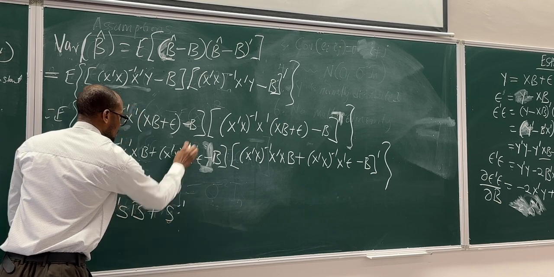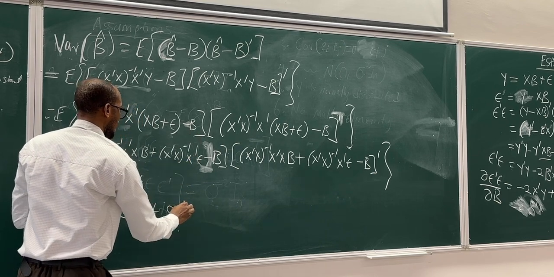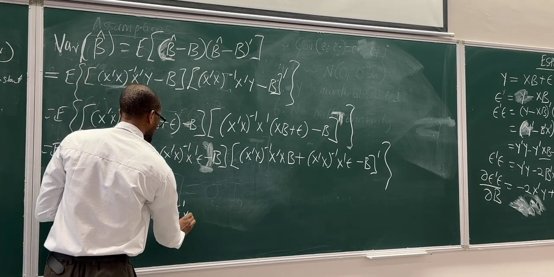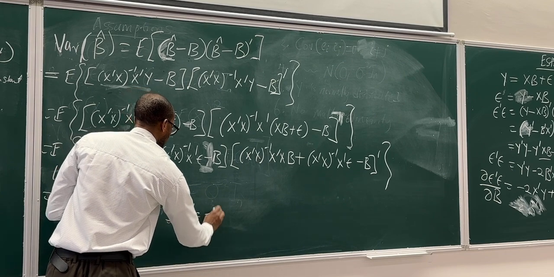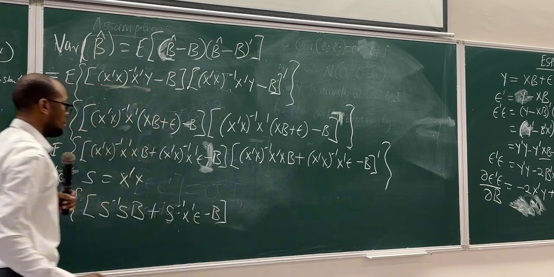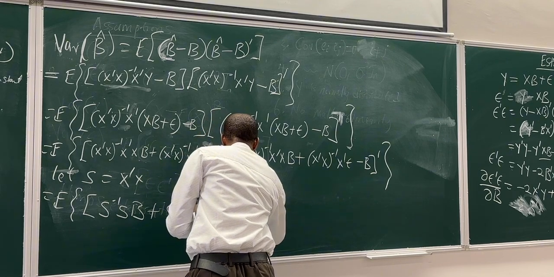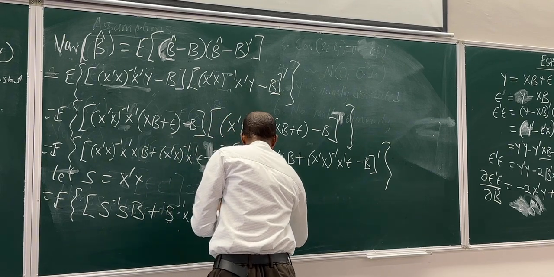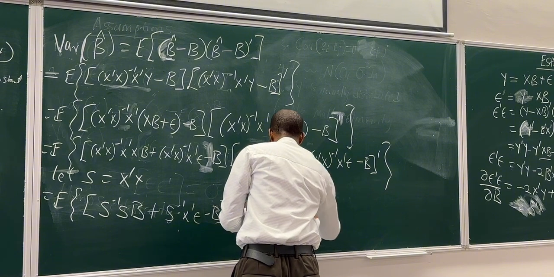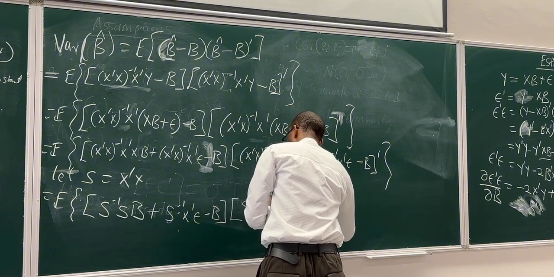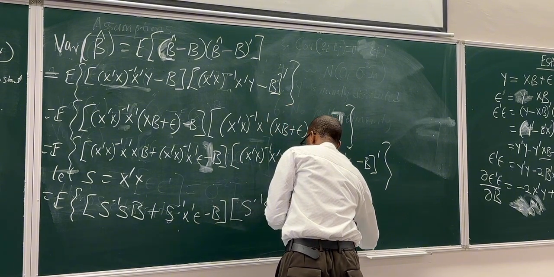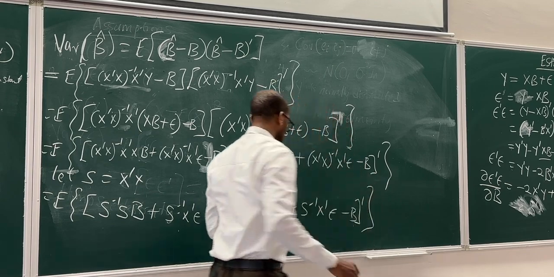X inverse x prime e minus b. You know there's an inverse, right? We resolve the first one, so we simply write it again. X inverse x b plus x inverse x prime e minus b. Then transpose. So that's it.